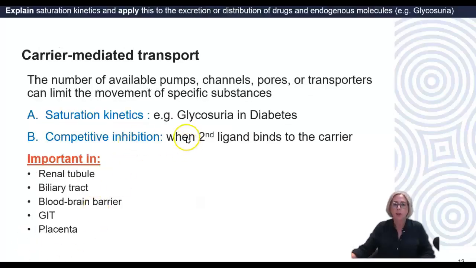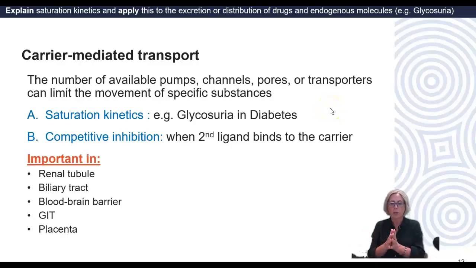Now, the number of available pumps, channels, pores, or transporters can limit the movement of specific substances. Saturation kinetics describes the transport of a substance relative to the number of available pumps, channels, pores, or transporters.